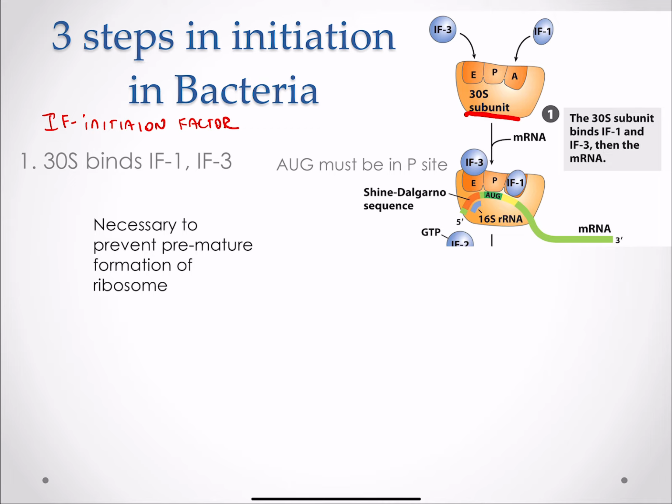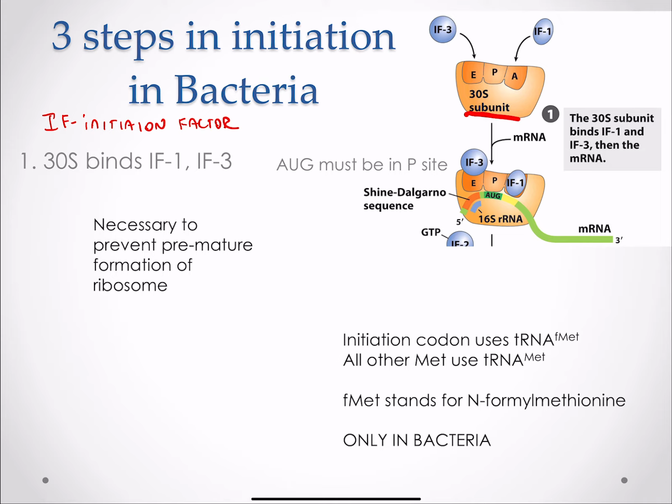Now, the initiation codon is going to use, again, that tRNA with the formyl methionine for bacteria. That's the N-formyl methionine. And again, this is only in bacteria. You're also going to have what's called the Shine-Dalgarno sequence, and that's only in bacteria as well.